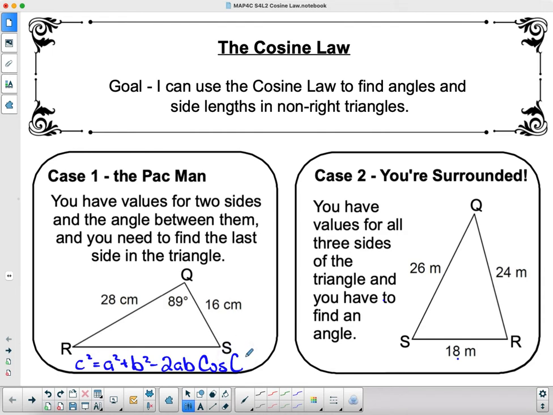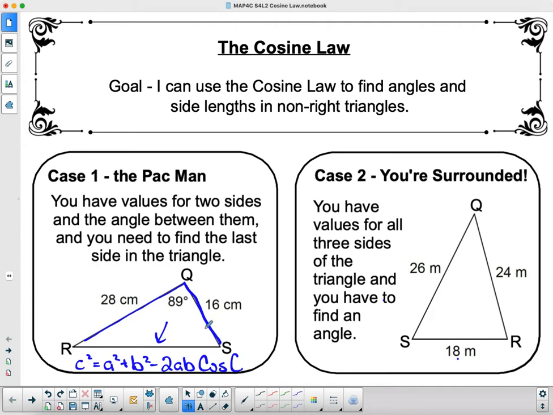Now there's no a's, b's, and c's in this triangle here, but all you really need to know is that when you have two sides and the angle between them, the a and the b are the two sides that make up the angle you're given, and the c is the side across from the angle you've been given, and the angle c is the angle you've been given.